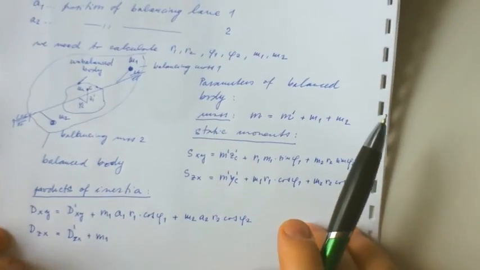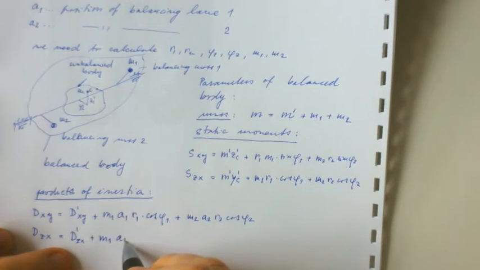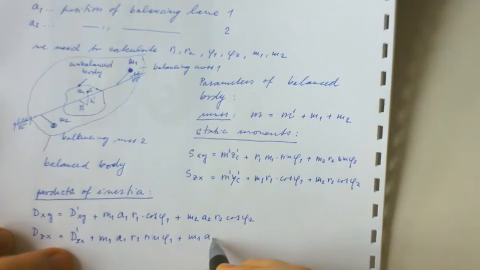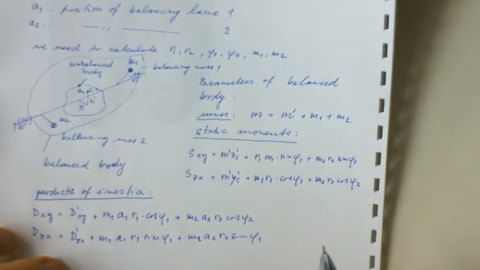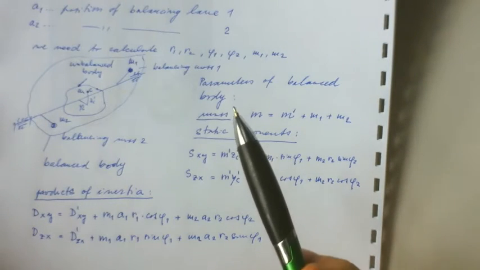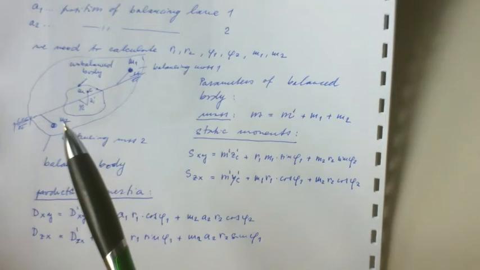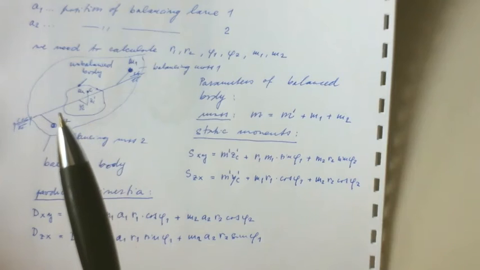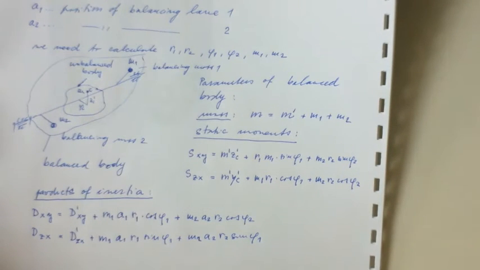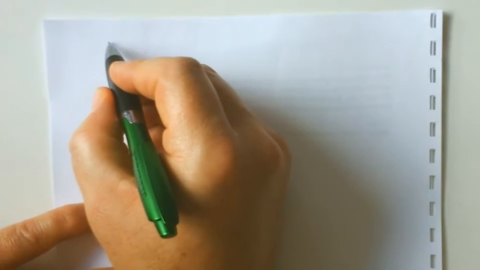So it is m1 a1 r1 sine phi1 plus m2 a2 r2 sine phi2. Okay, so these are some properties of the balanced body, which is made up of the unbalanced body and balancing masses. Now I'm going to draw a free body diagram.